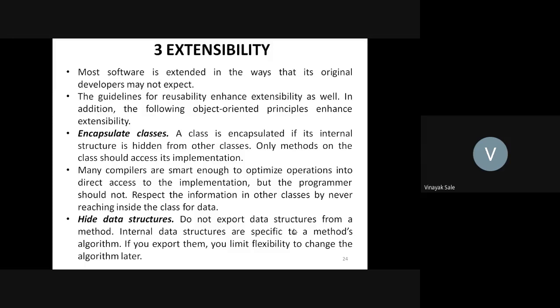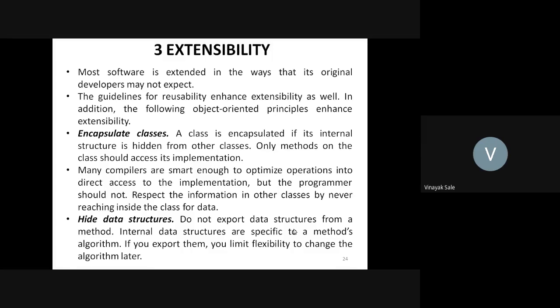In encapsulate classes, a class is encapsulated if its internal structure is hidden from other classes. Only methods on the class should access its implementation. Many compilers are smart enough to optimize operations into direct access to the implementation, but the programmer should respect the information hiding in other classes by never reaching inside the class for data.